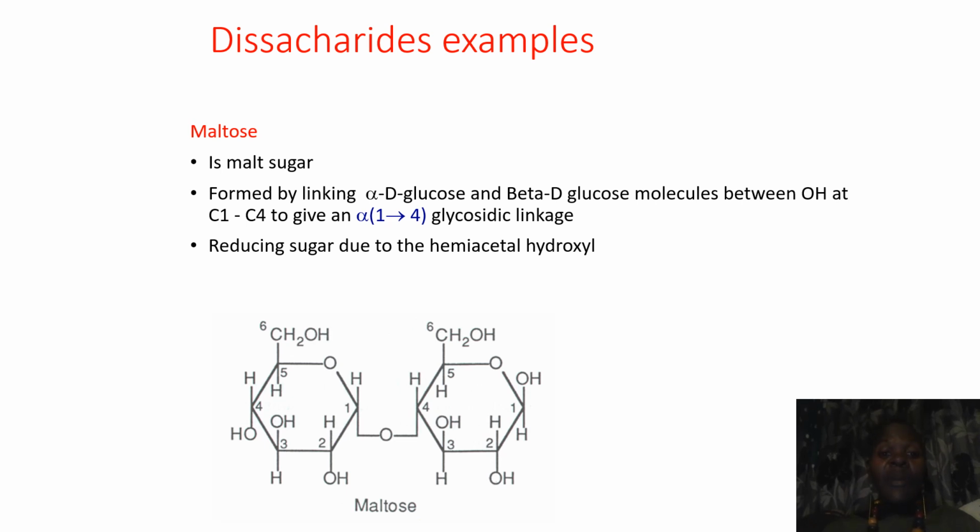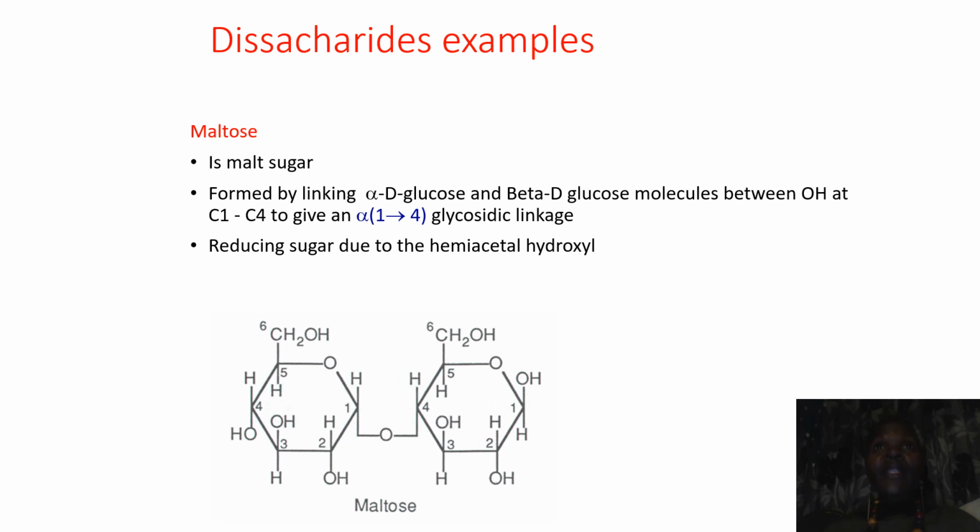So the 6-membered ring tells us much, that it is in Haworth projection or a cyclic form. But we said for the alpha, the OH is below. So the first monosaccharide component is alpha-D-glucose because the OH is below.